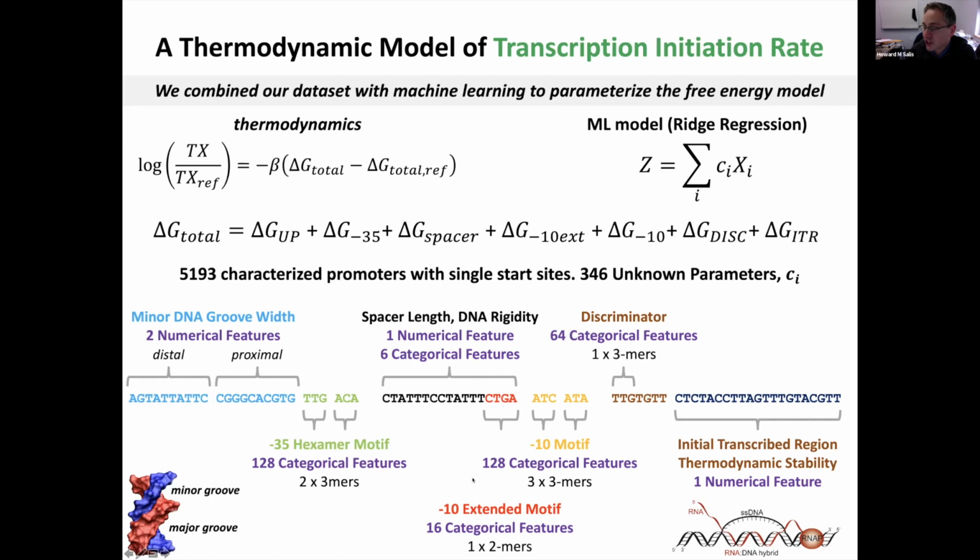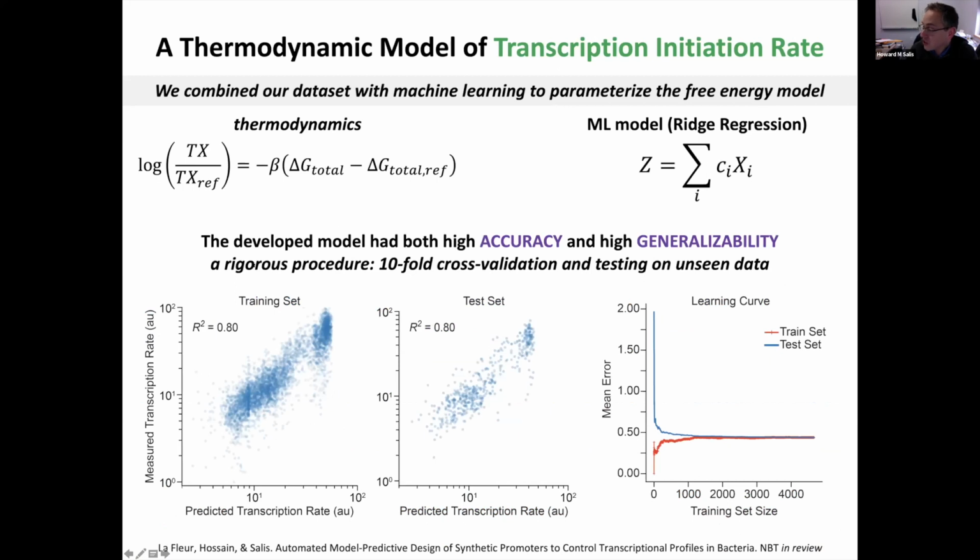But the great thing about machine learning is that you can actually specify quite a few features, hundreds, thousands of features. And machine learning, if given enough data of good quality and good coverage, will be able to give you back the coefficients in front of each of these different interactions, which is what we did. So we carried out a rigorous procedure where we split all of our data into a training set and an unseen test set.